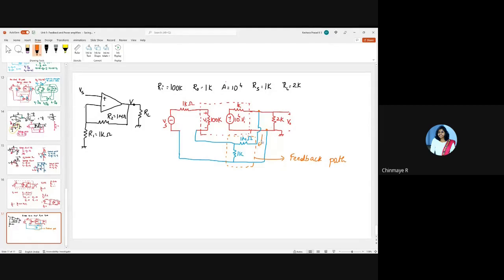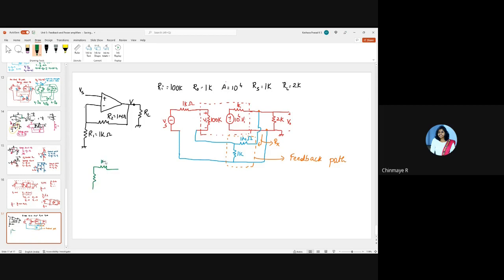Now we have to find out what is this R. Let's call this Rx. What's the impedance seen through these 2 points into the feedback path? Now let's see. So now this is the feedback path.